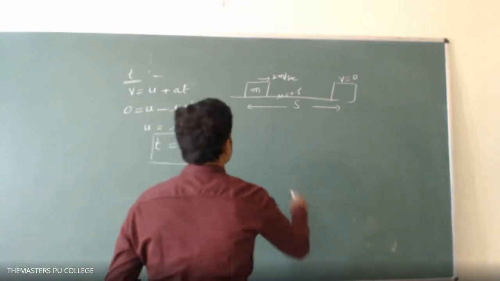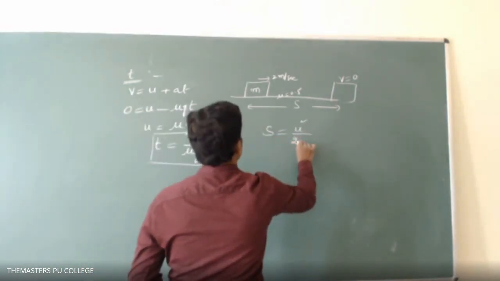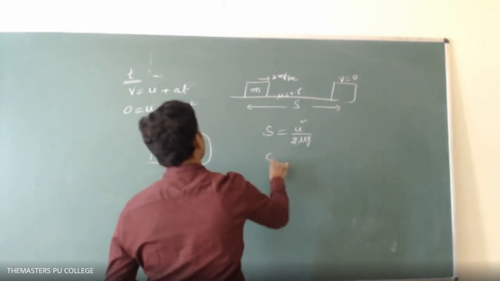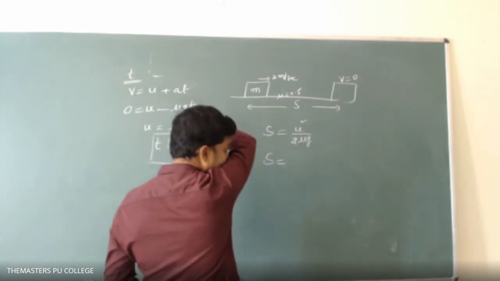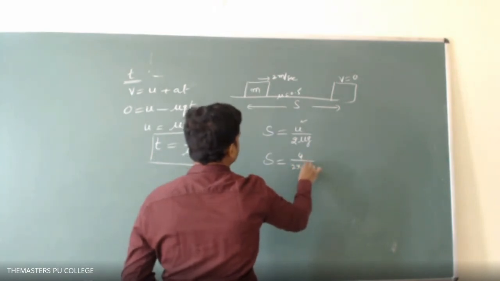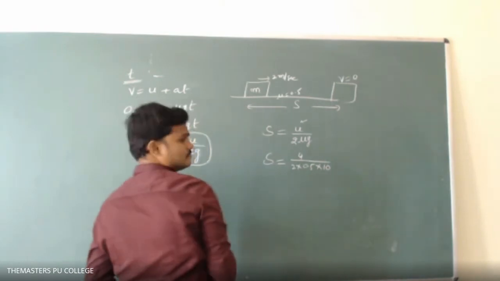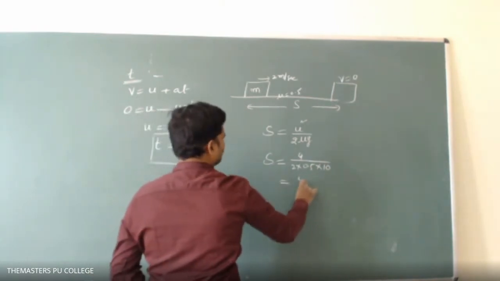S is equal to U square by 2 mu g. g you can take as 10. U square is 4, 2 into 0.5 into 10. So 4 by 10.